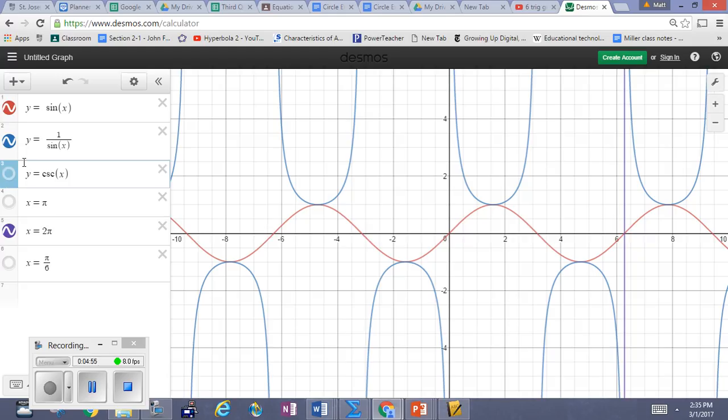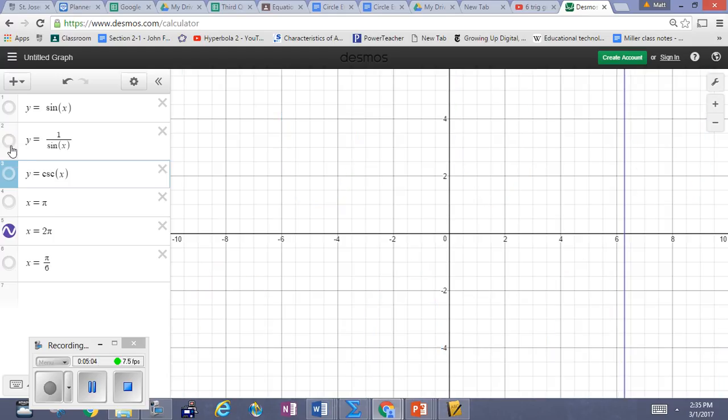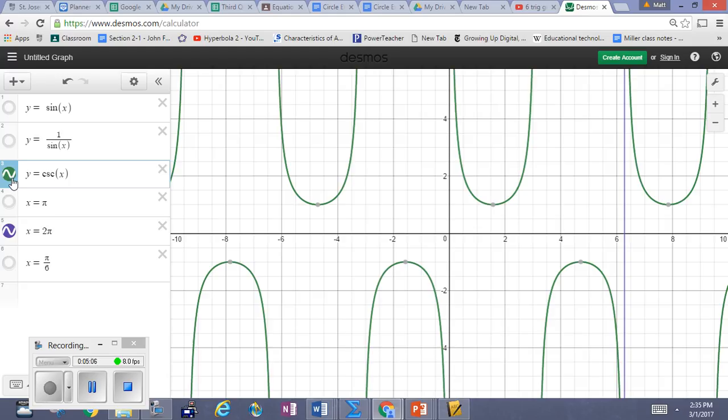In terms of its domain, the domain of the cosecant is determined to have, as we can see, all these periodic asymptotes. Where do those asymptotes occur? Those asymptotes occur at the values where the sine is at 0.